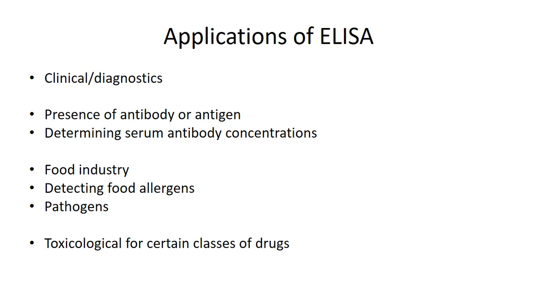In terms of other applications, they can be used in the food industry to detect certain toxins or components of interest. They can be used to detect food allergens present in food, and they can also be used to detect pathogens. And lastly, they can also be used for toxicological measurement of specific drugs.